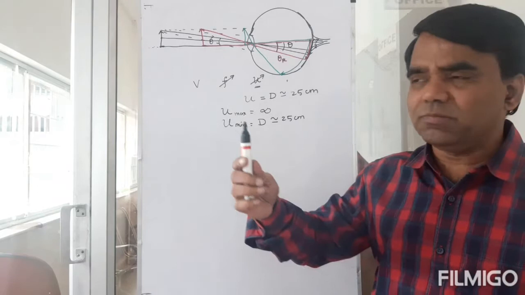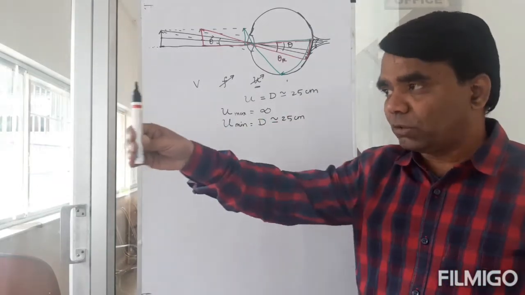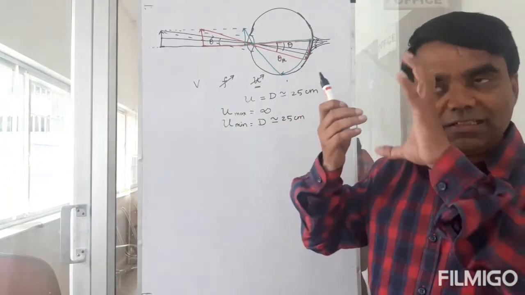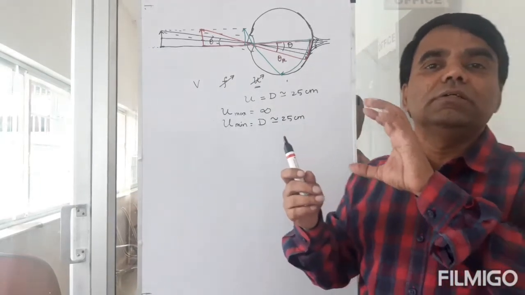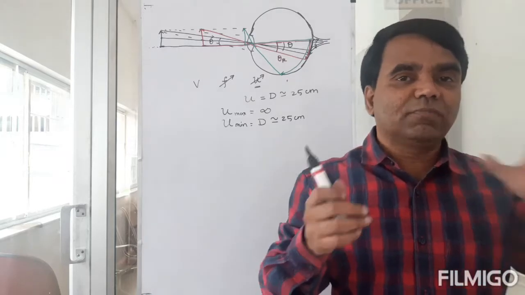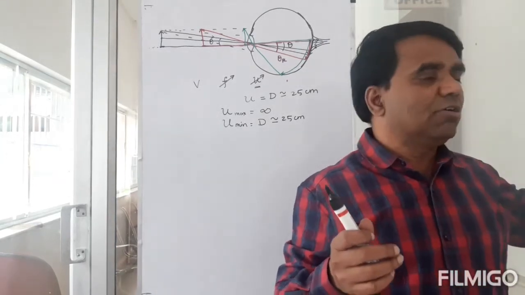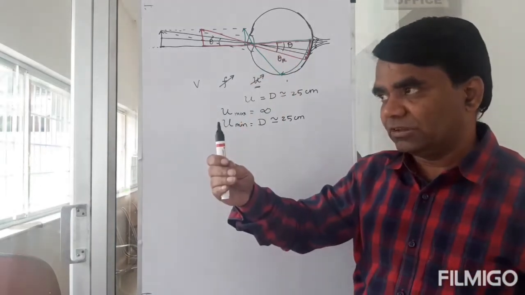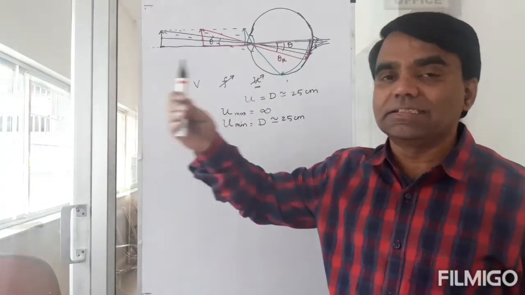Why do you say u minimum? Can I not bring it closer than d? Yeah, I can. But if I bring it closer than d, I cannot see things clearly, because my eye lens will not converge all the rays onto the retina. Convergence will take place somewhere else, beyond the retina. So till 25 centimeters, I can see things clearly.